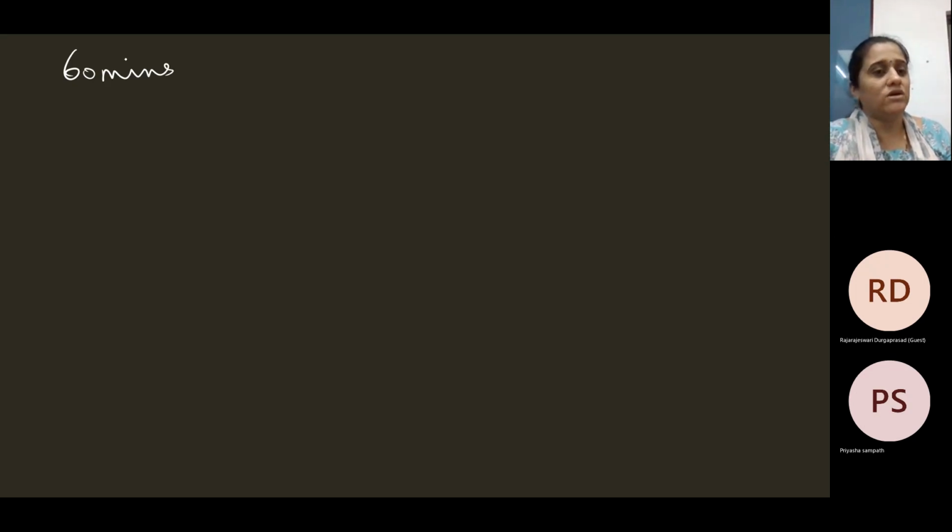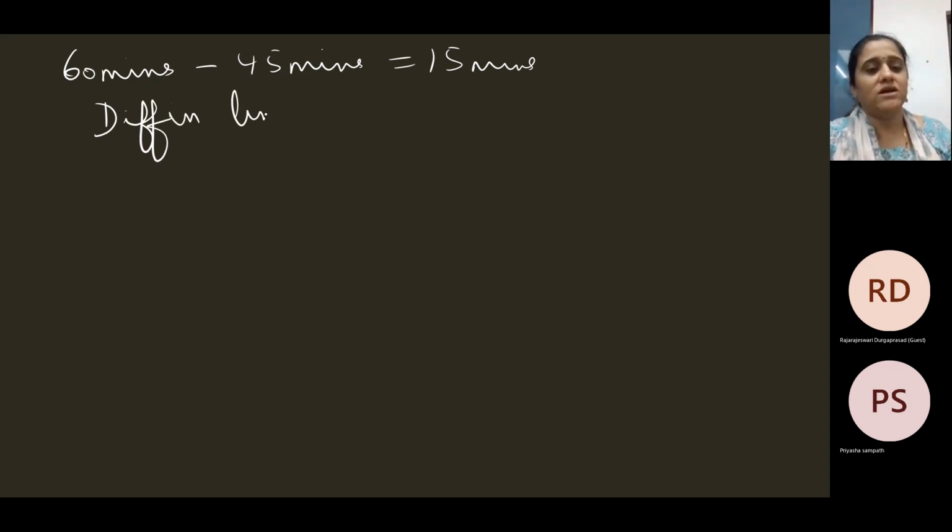This is what you usually took, 60 minutes at the usual speed, minus 45 minutes in the increased speed. Start writing like this: difference in time taken is equal to 15 minutes.